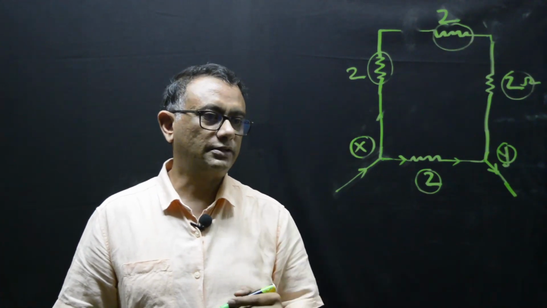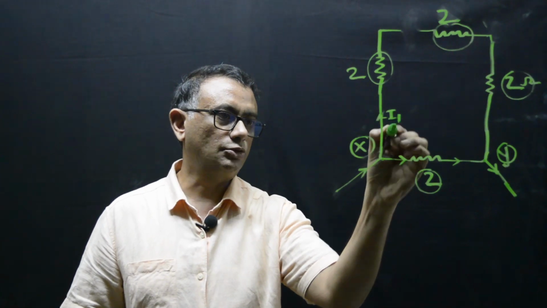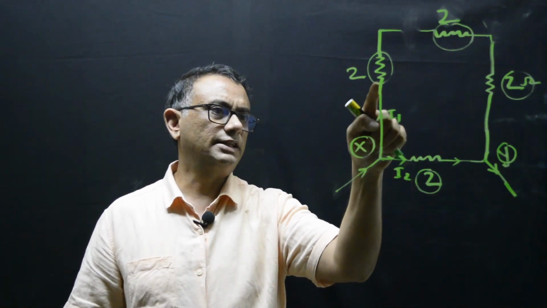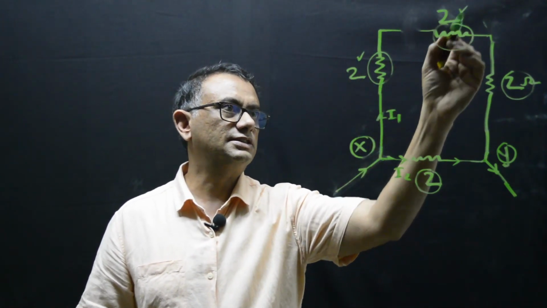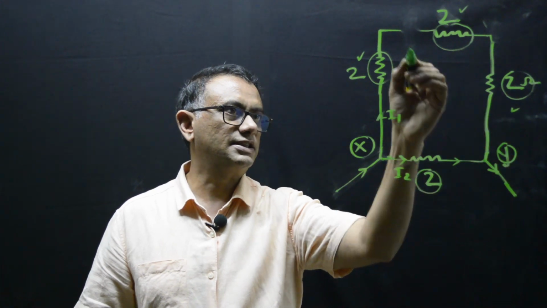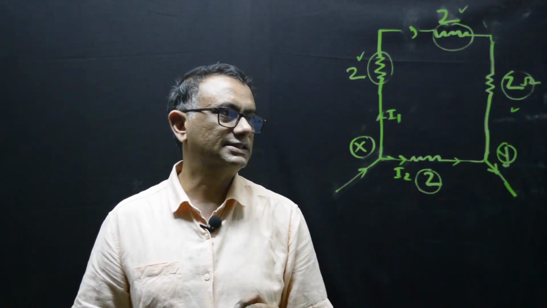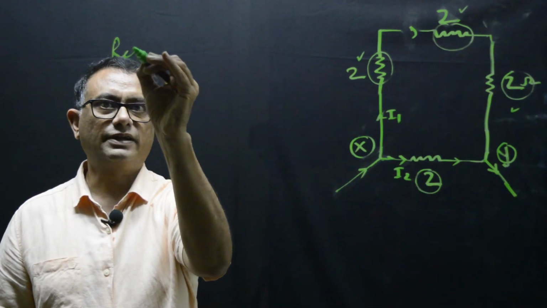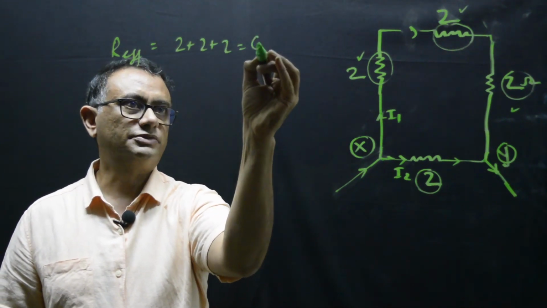If you look at current flowing through this, once again we break it into two branches, I1 and I2. We see that I1 is now passing through this resistance as well as this resistance, which makes all these three be in series. So the effective resistance of all these will be, using the series formula, 2 plus 2 plus 2, which becomes 6.